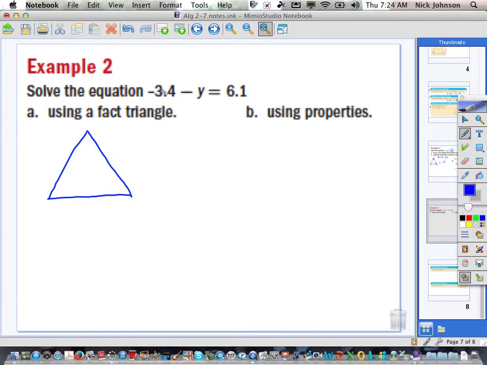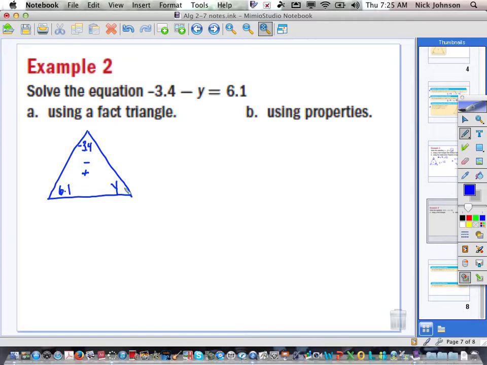This says a negative 3.4 minus y. Well, when we subtracted, we started up here and then subtracted, right? So a negative 3.4 has to go on top. A negative 3.4 minus y has to equal 6.1.